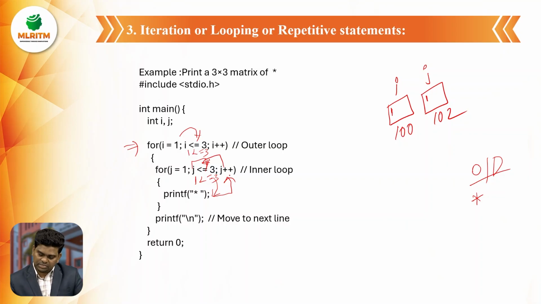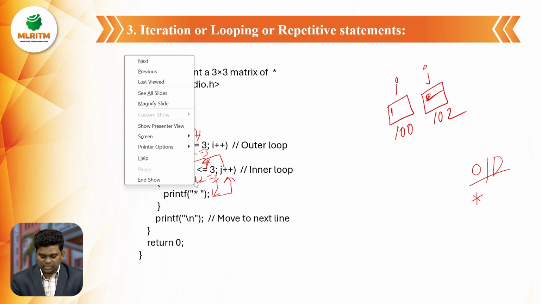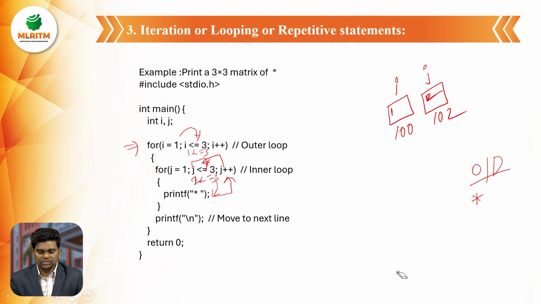Here, after j plus plus, the j value becomes 2. Now you can check the condition: 2 is less than or equal to 3. Yes, the condition is true, so it enters the body. Then printf executes. We are printing hash here. Then again j plus plus, and the j value becomes 3.